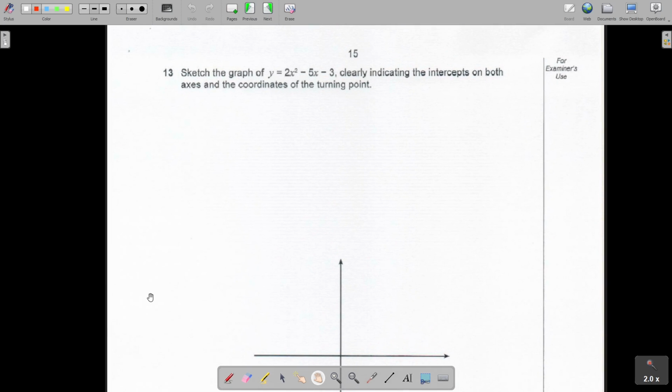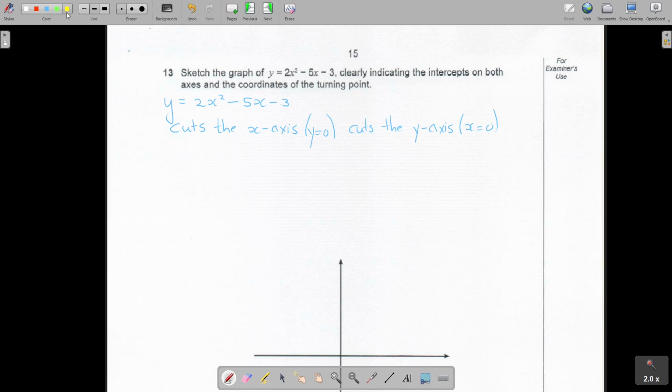So my equation is y is equal to 2x squared minus 5x minus 3. Where it intersects or cuts the x-axis, you make y 0. And where it cuts the y-axis, you make x 0.